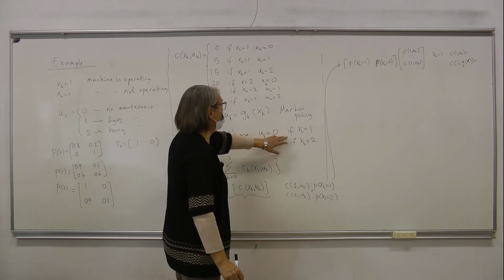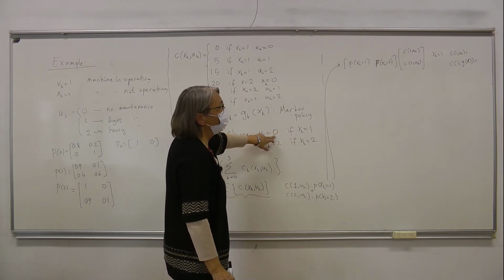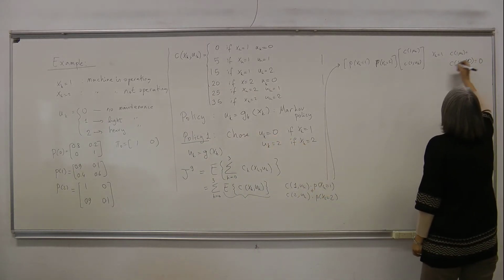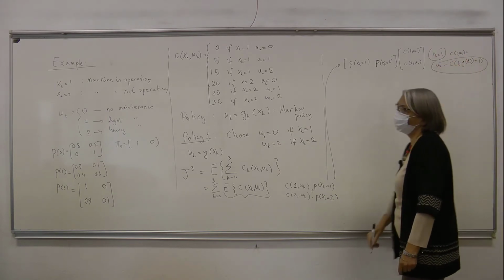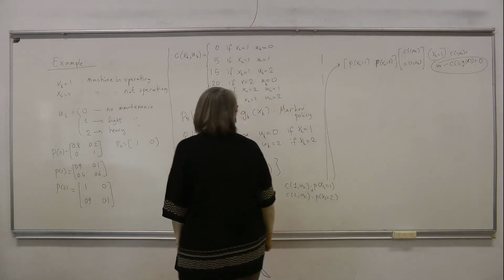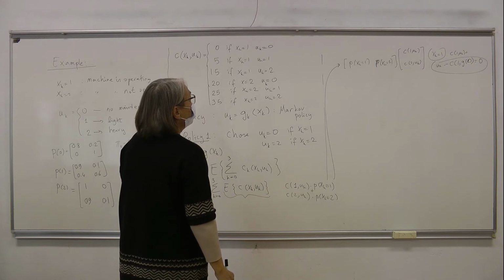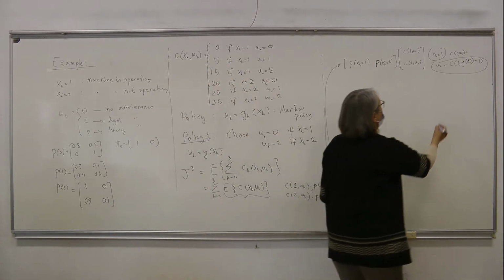When xk is equal to 1, our u is equal to 0. So it means that I will replace that one by 0, and this is our uk. And then look at this pair, the corresponding cost of this pair. The corresponding cost of this pair is xk is 1 and uk is 0, so that it is equal to 0.